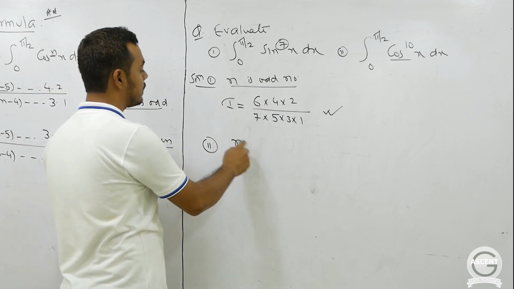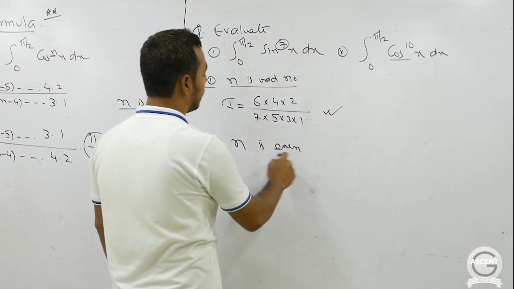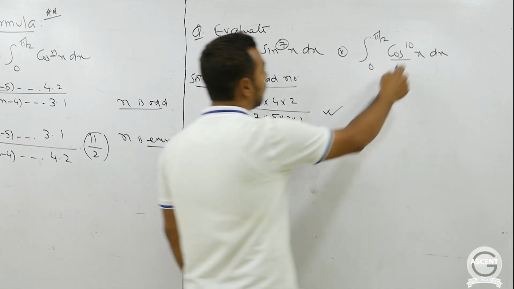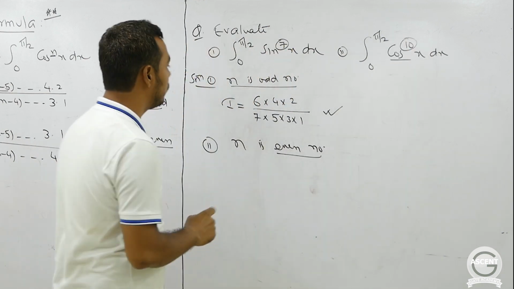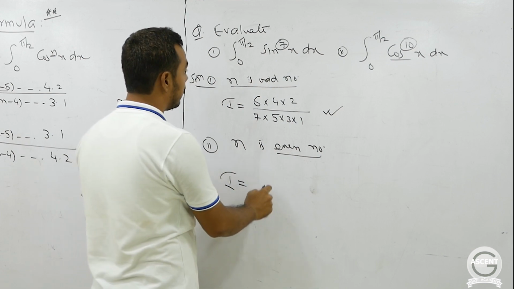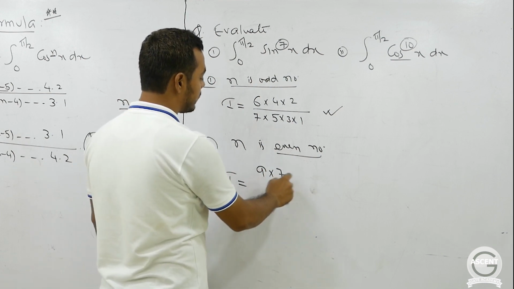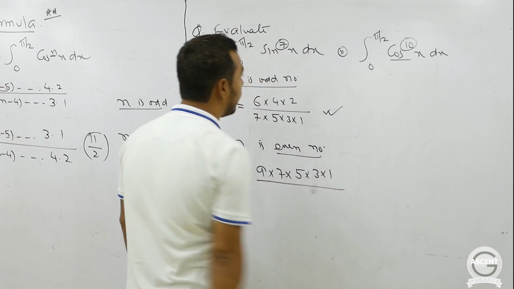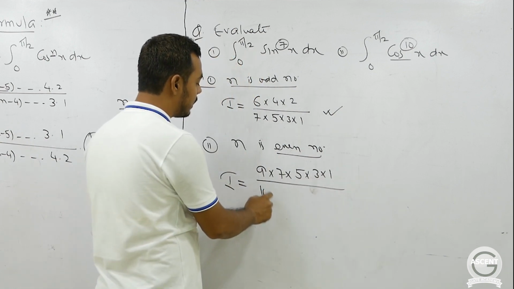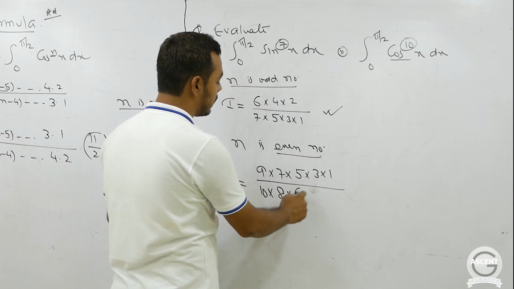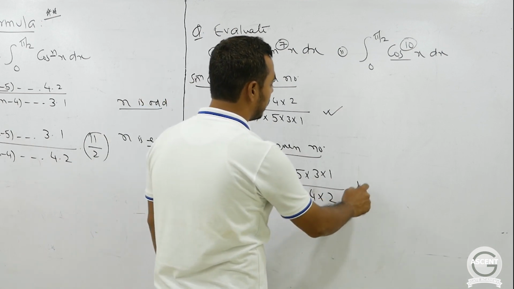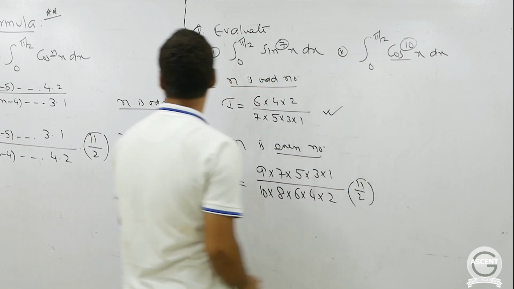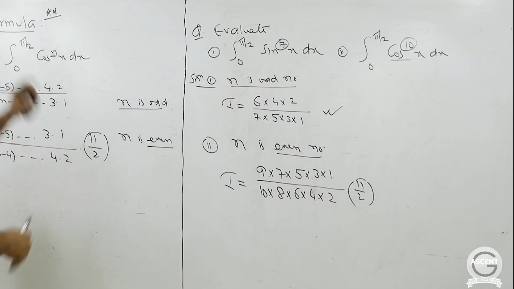And in the second one, n is an even number, here we have n equals 10. So the value of that second integral will be n minus 1, so 9, then 7, then 5, 3, 1, and in the denominator start with 10, 8, 6, 4, 2, and then multiply by pi by 2. So this formula you have to remember, and if you know it, then you can easily evaluate these types of integrals. Now we will talk about area under curve.